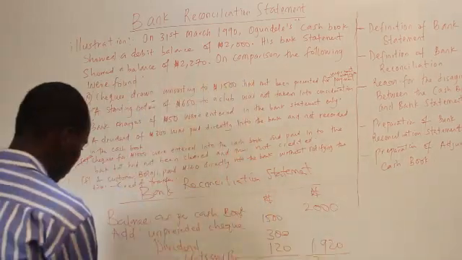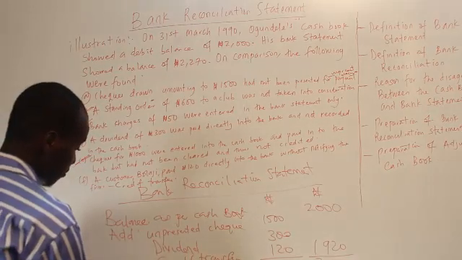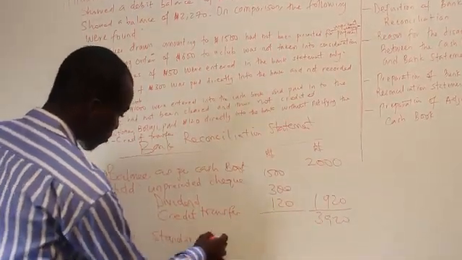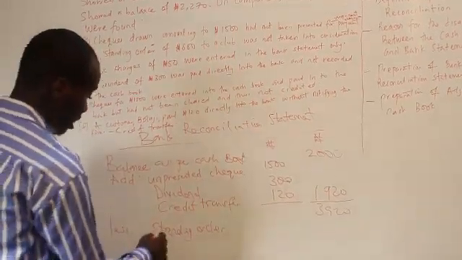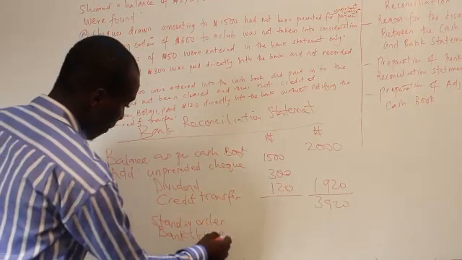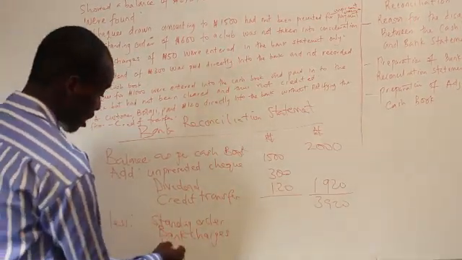So we can less standing order. So we have bank charges. Well, also we can deduct uncredited check.